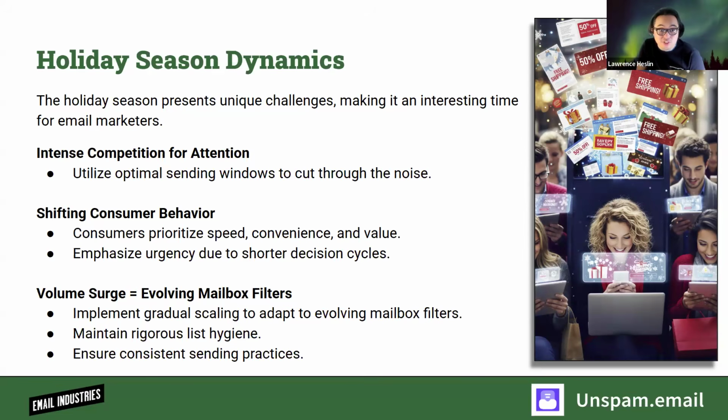Maintain list hygiene. Ensure you are sending to valid email addresses that should be accepting your mail. Send consistently, scale appropriately, and these machine learning algorithms are upgrading and evolving every day. So strong engagement signals equal better inboxing or better deliverability placement when you're sending.